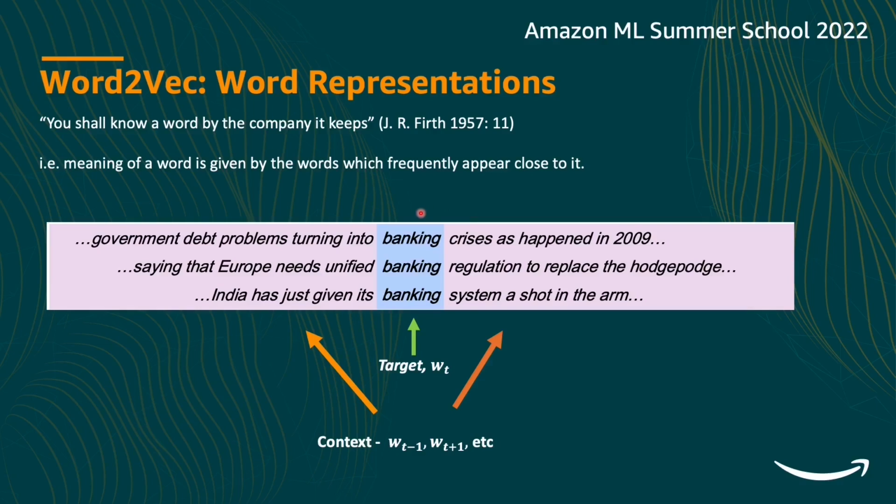So here the notation is that the word banking is our target word, so it is the word which we are finding the meaning for. And the words to the left and to the right side of it are called the context words.